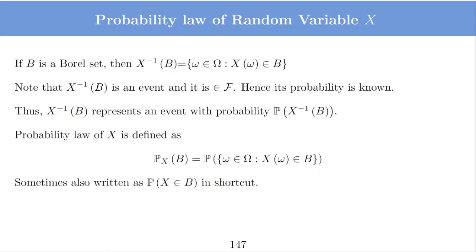When there is an omega such that it is mapped inside B, so that X omega is in B. This is the same as saying it is the probability of omega such that X omega is in B, or omega is in X inverse B. So this is the probability of X inverse of B.